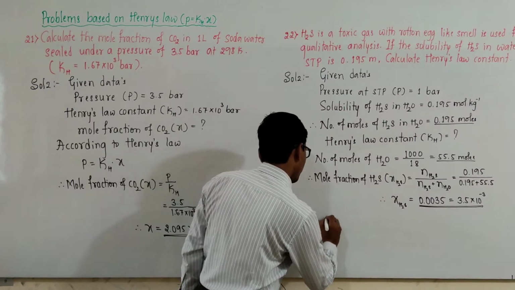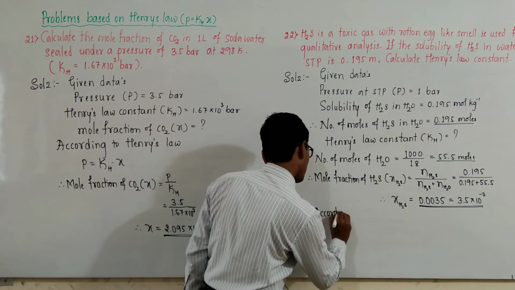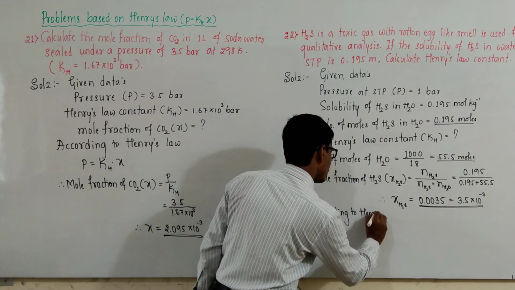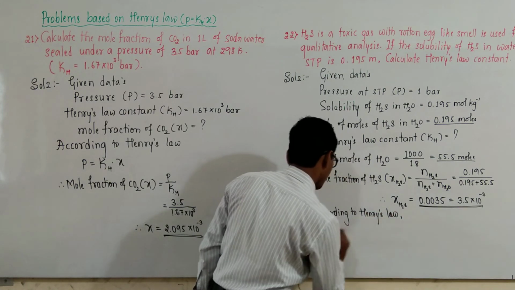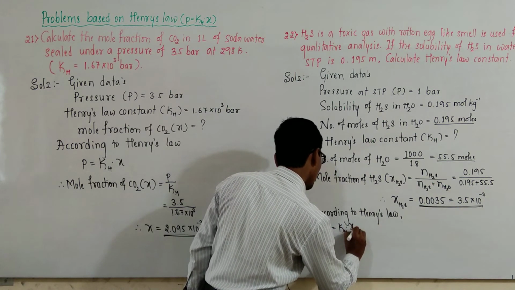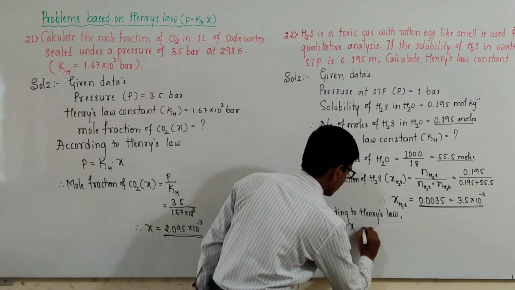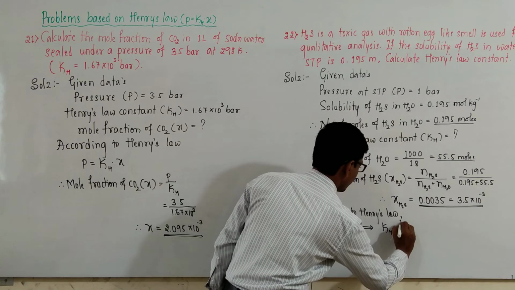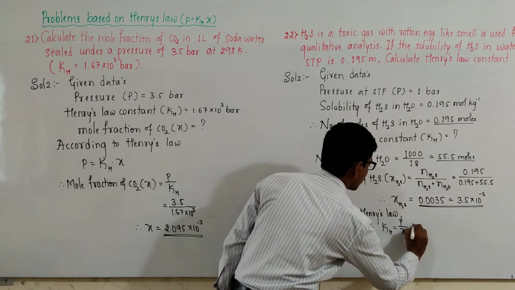Then according to Henry's law, P is equal to KH into X. From this relation, KH is equal to P divided by XH2S. Substitute the values.